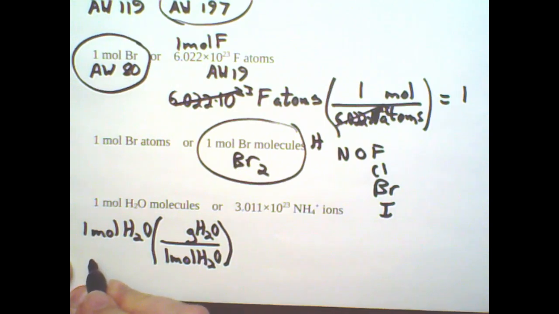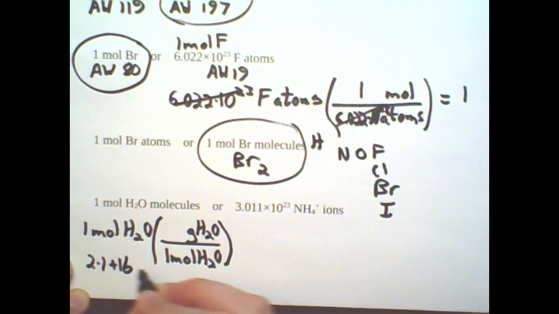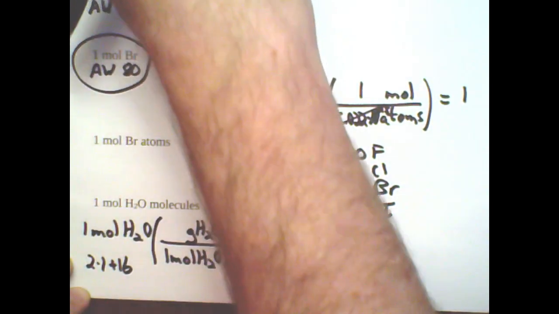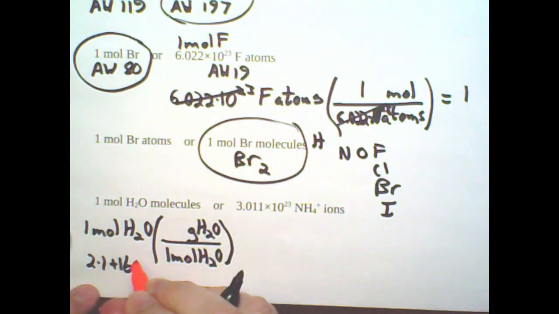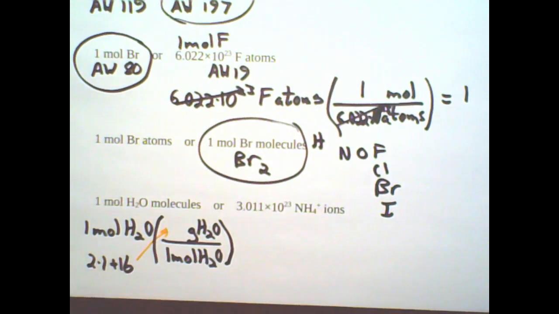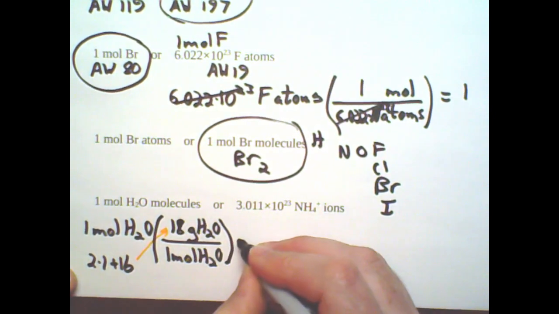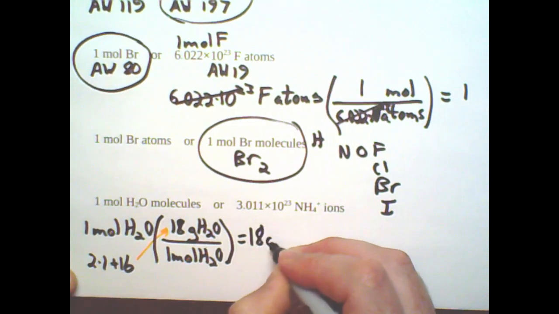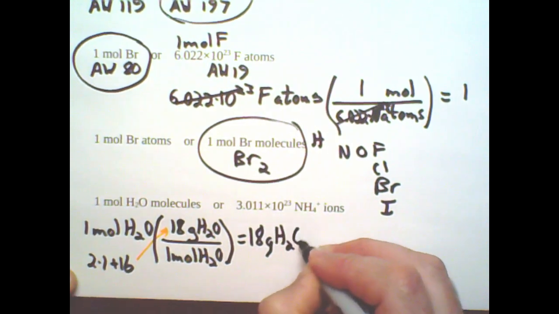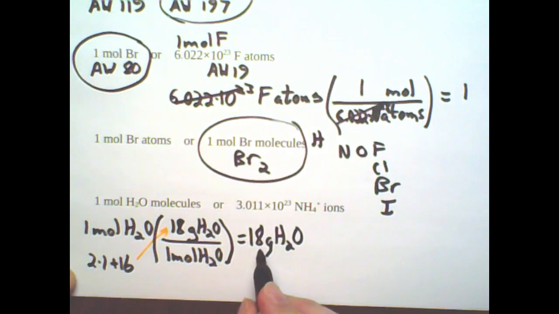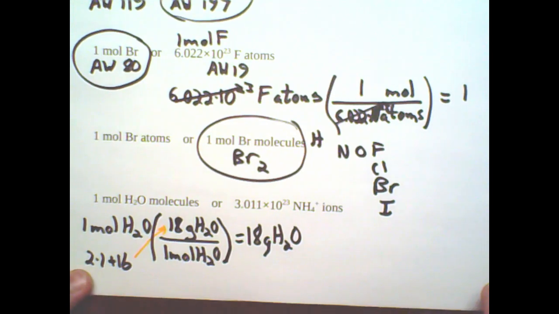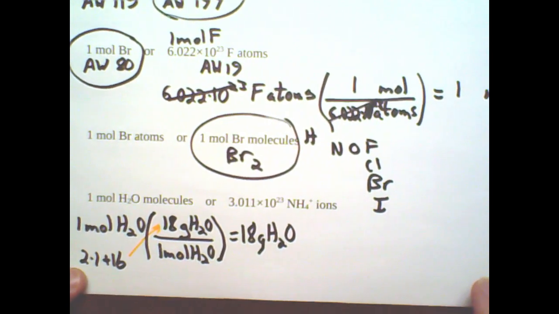Hydrogen is 1, oxygen is 16, so I've got 2 times 1 plus 16. That's what I will put here, 18 grams per mole, 18 grams of water. Now I've rounded it off to just the ones place, but that will be good enough for our comparison.